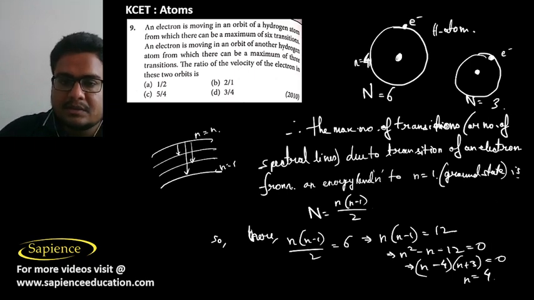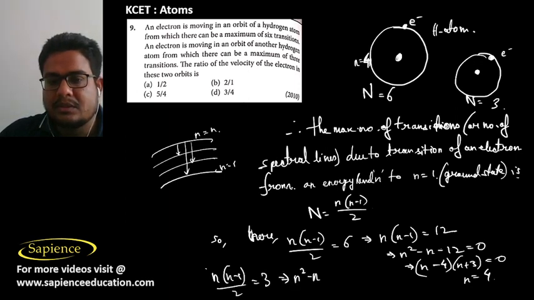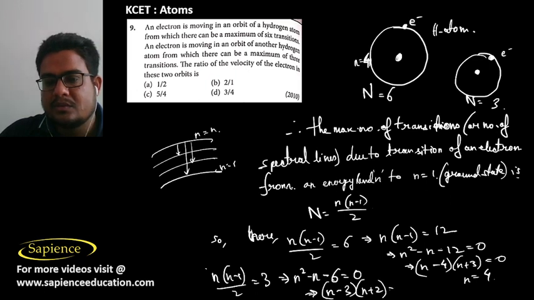And in the second case, the number of spectral lines is equal to 3. Therefore n into n minus 1 by 2 is equal to 3. Therefore n square minus n minus 6 is equal to 0. So n minus 3 into n plus 2 is equal to 0.